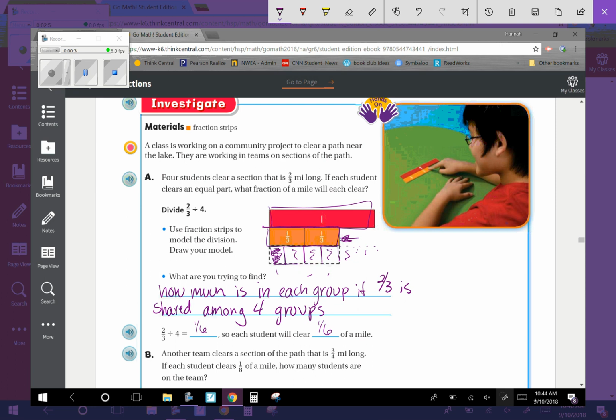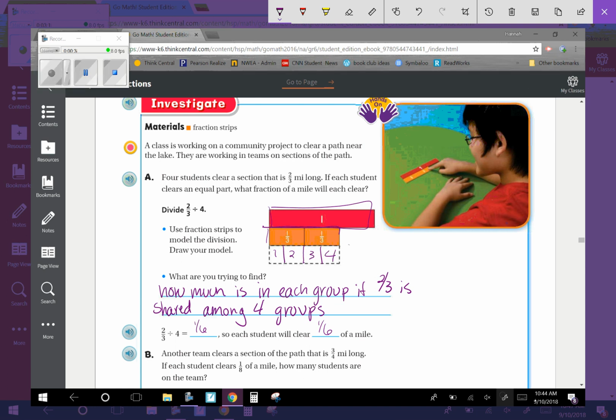So again, to explain that same problem one more time, we have the whole, but only 2/3 of that whole mile is going to be cleared. We're dividing that 2/3 into 4 groups. So group 1, 2, 3, 4.